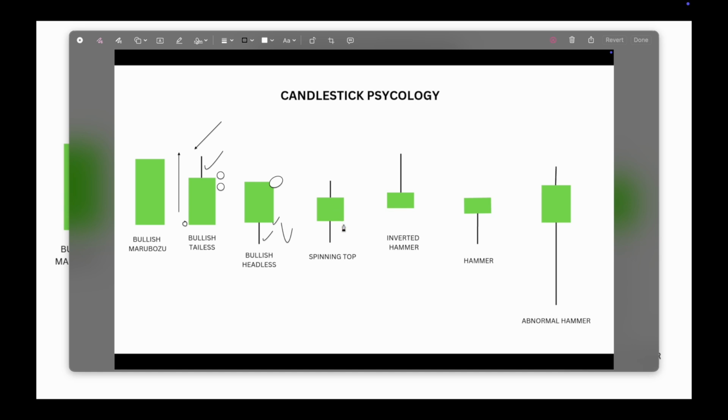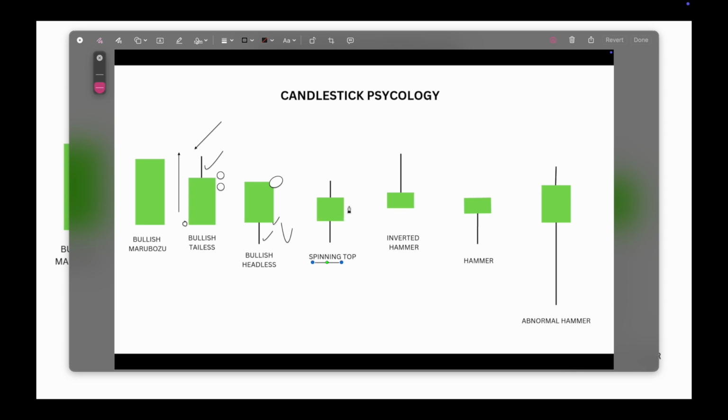Spinning tops generally have equal wicks on both sides, and the body doesn't really matter. It can be small or big, but what matters is the size of the wick. If there are equal size wicks on both sides of the body, we can consider that a spinning top.